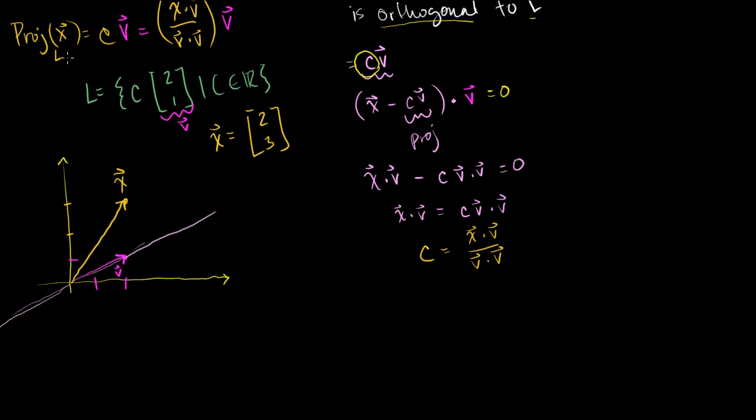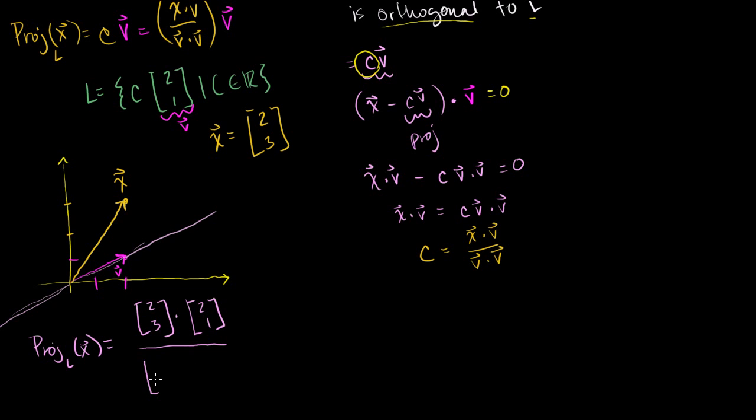And we can use this definition right here. So let me write it down. The projection of x onto L is equal to what? It's equal to x dot v, where v is the defining vector for our line. So it's equal to x, which is 2, 3, dot v, which is 2, 1, all of that over v dot v.